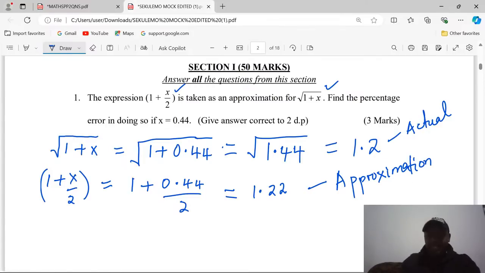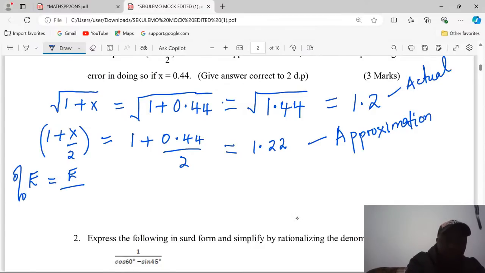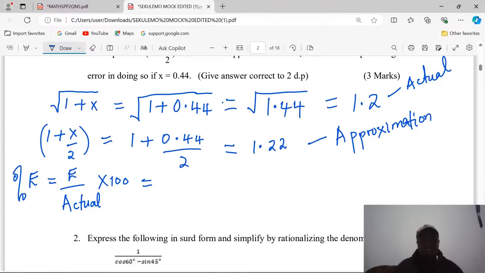For us to get percentage error, we are supposed to get the error first. So percentage error is given by the error out of the actual value times 100. It's good for you to know that when we talk about error, we mean the difference between actual value and the approximated value. Approximated value can also be called estimated value. So we can take 1.22, we subtract 1.2.